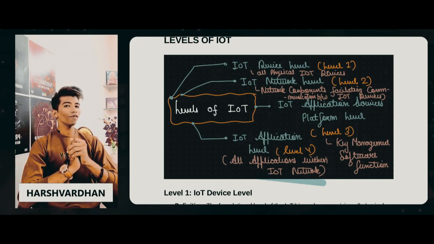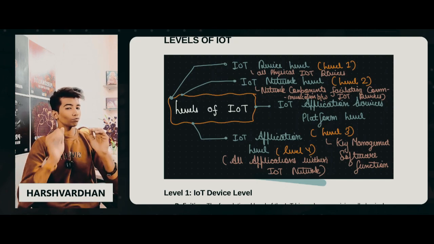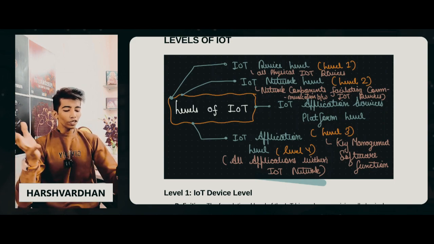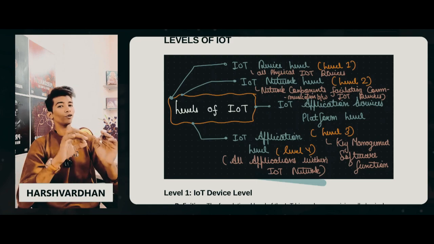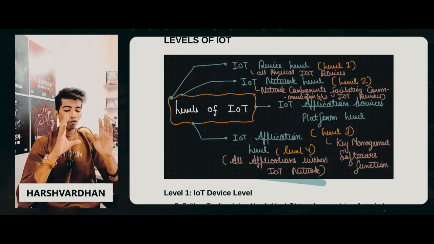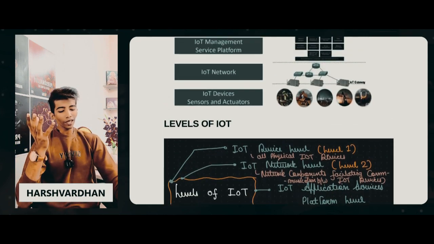After that we have the IoT application services platform level, where all kinds of key management software functions take place. And after that we have the IoT application level, which is level 4, where all applications are present, just like what we have just understood.